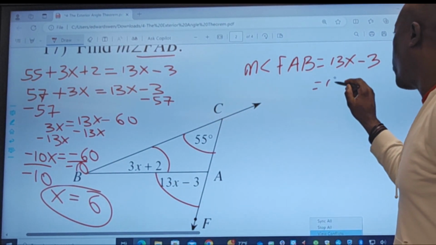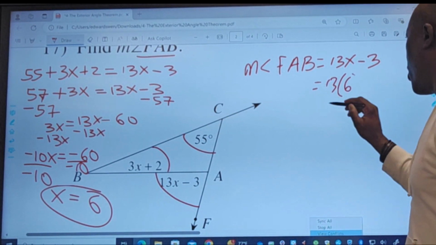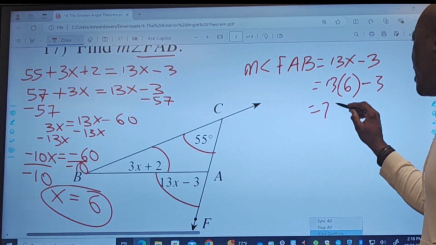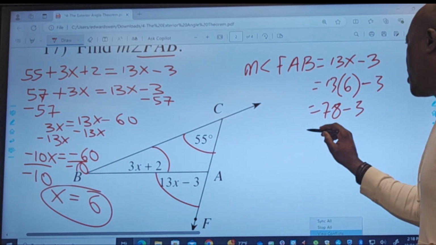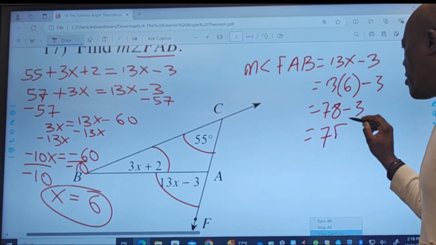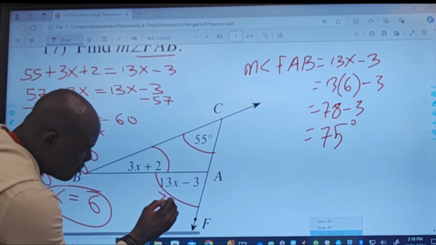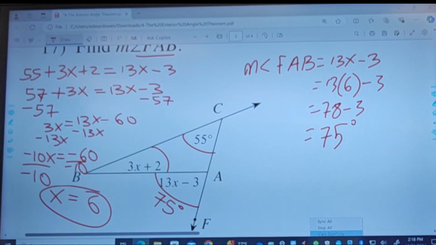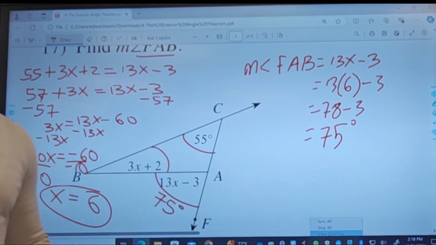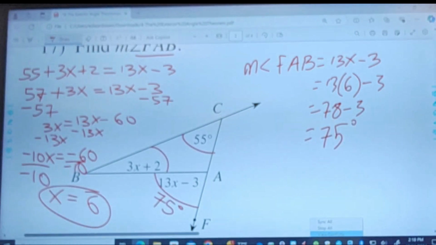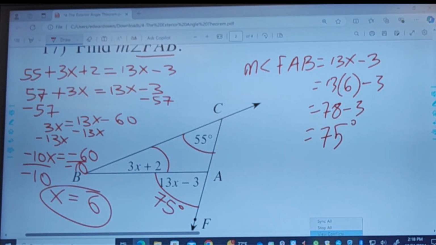So at this moment, we're going to substitute 6 where x is. Then we take the 3. So this looks like 78 minus 3. My response is 75 for that. So this is suggesting that this angle here is 75 degrees. So this is what we're doing basically. All we're doing is that we are setting up based on the theory, and then we solve algebraically.